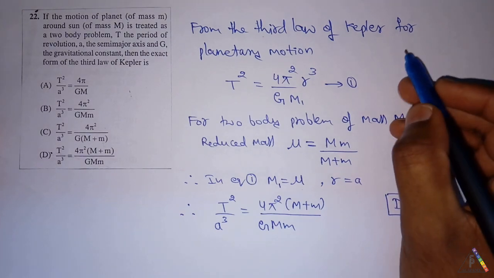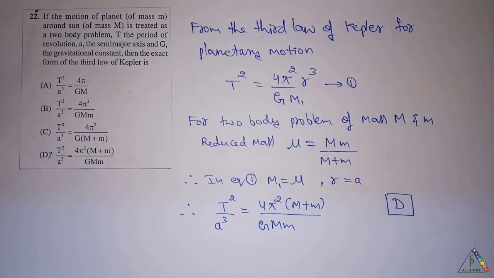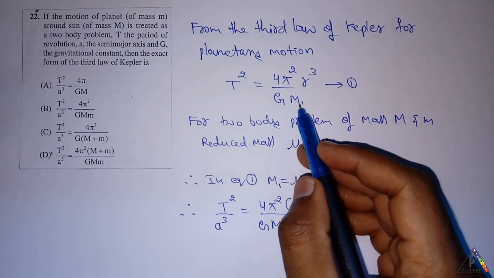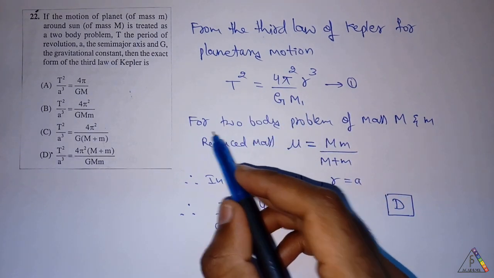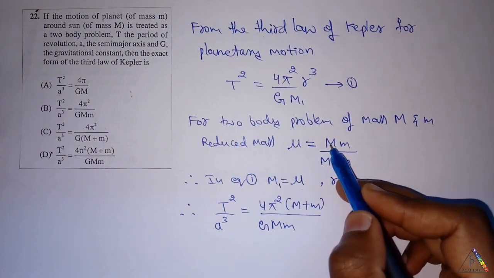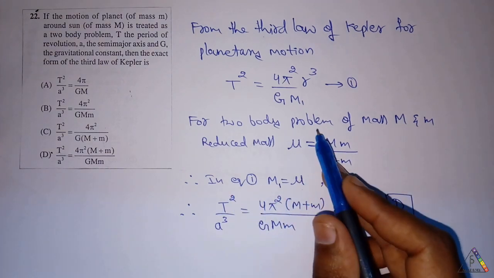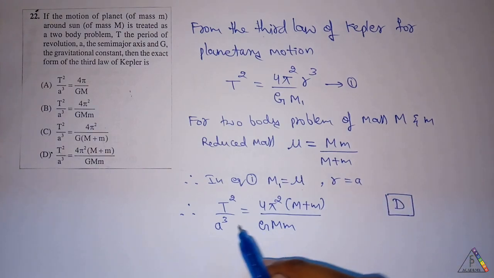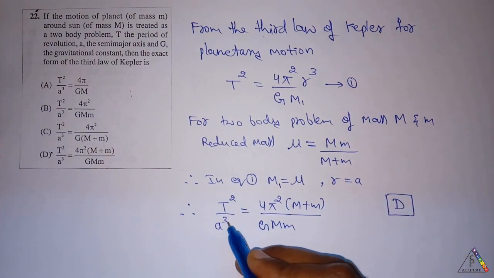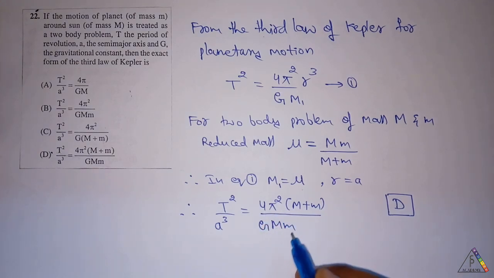From Kepler's third law for planetary motion, we know the equation for time period, that is T square equals 4 pi square r cube by G m1, and for a two body problem of mass m and M, the reduced mass mu equals m into M divided by m plus M. By substituting m1 as mu in equation 1 and r as a, we get T square by a cube equals 4 pi square into m plus M divided by G m into M. Therefore for this question the answer is D option.